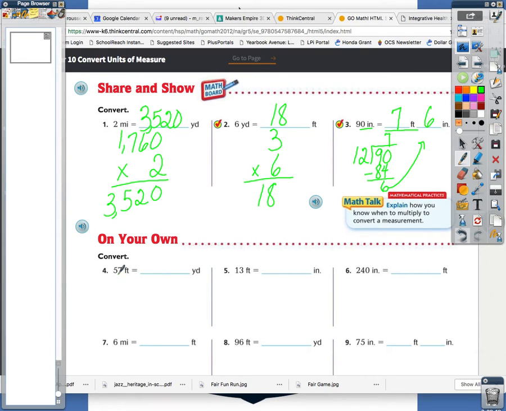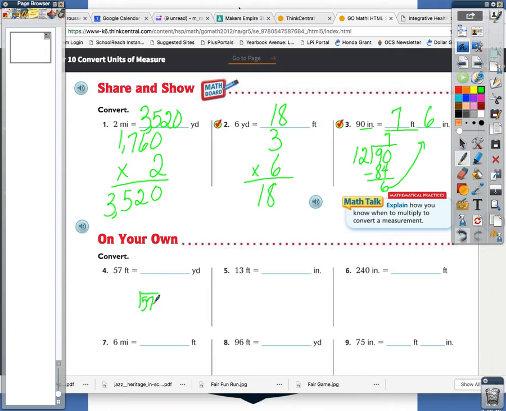In number 4, we're converting feet to yards. So we have to determine whether feet or yards would be our larger unit. Yards are larger than feet, so that means we're converting a smaller unit to a larger unit. When we convert smaller to larger, that means we are dividing. So 57 is the total number of feet that we have, so that's the dividend.